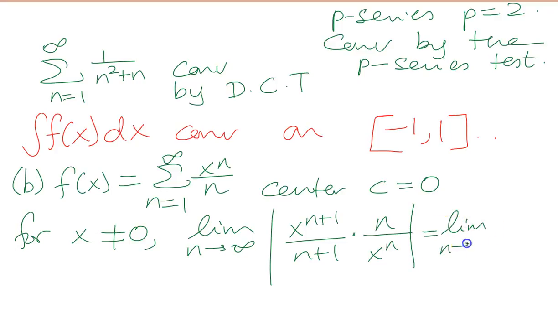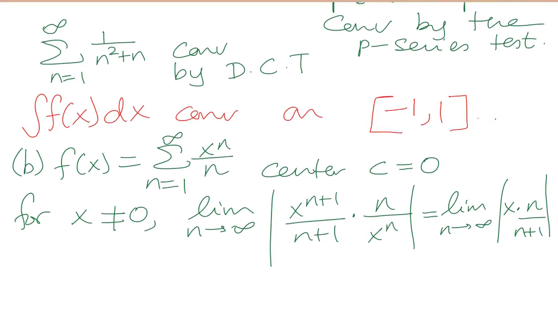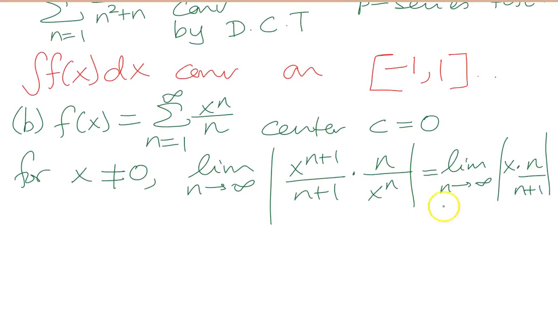And notice that when you simplify that, you have an extra x in the numerator, and then we have n over n plus 1, right? Now, when you take the limit of x inside the absolute value signs, it comes out as absolute value of x. When you take the limit of the fraction, it is 1.